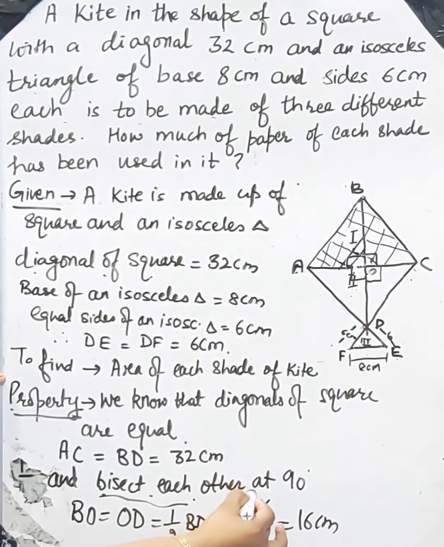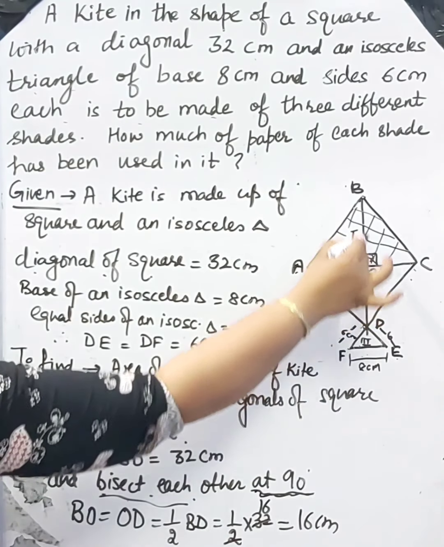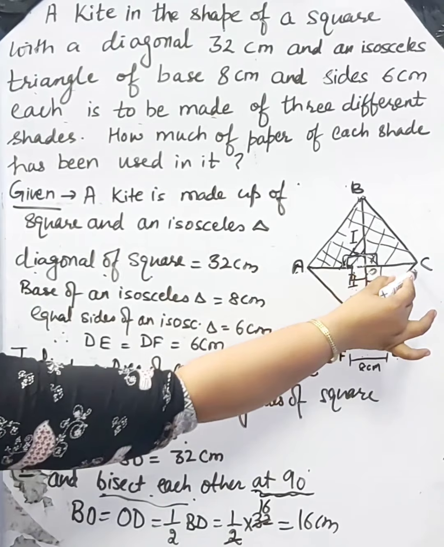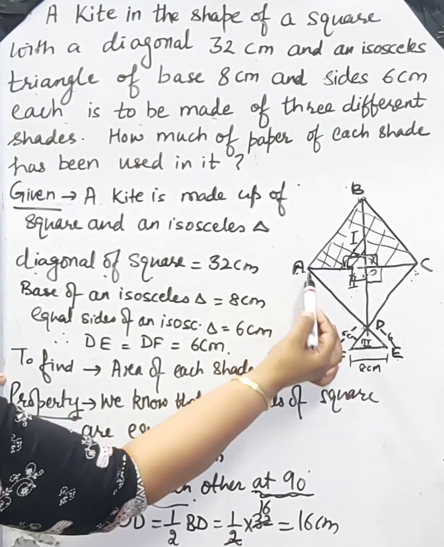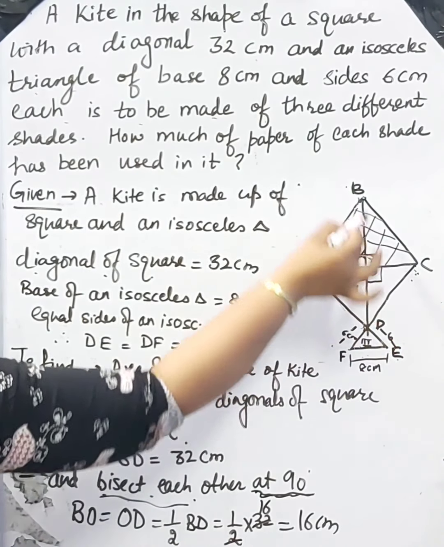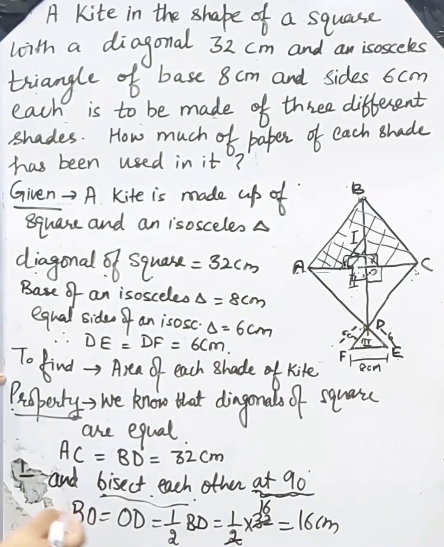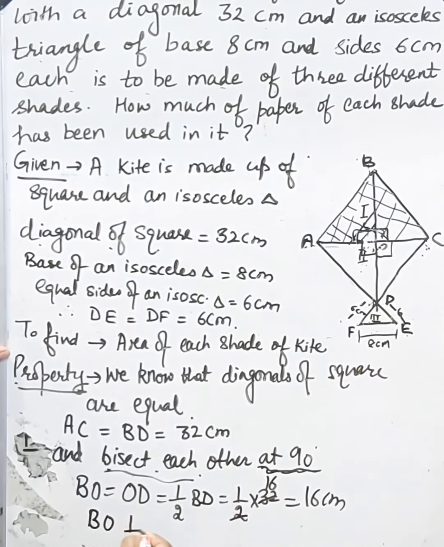Bisect each other at 90 degree means BO is perpendicular on AC. In the same way, AO is perpendicular on BD and CO is perpendicular on BD.